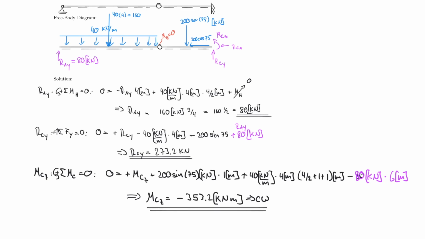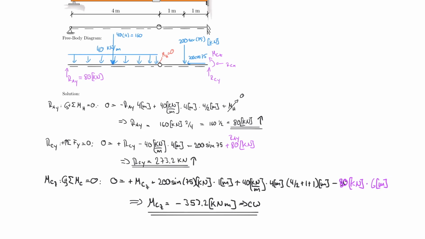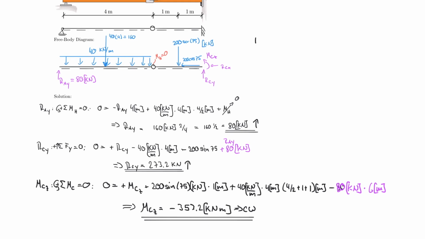And by the way, just to be complete here, I also need to indicate that this is going up and this is going up. So last but not least, I need my horizontal support reaction, so my RCX. I do that by the sum of the forces in the x direction being equal to 0, and 0 is equal to minus RCX minus 200 cosine 75.